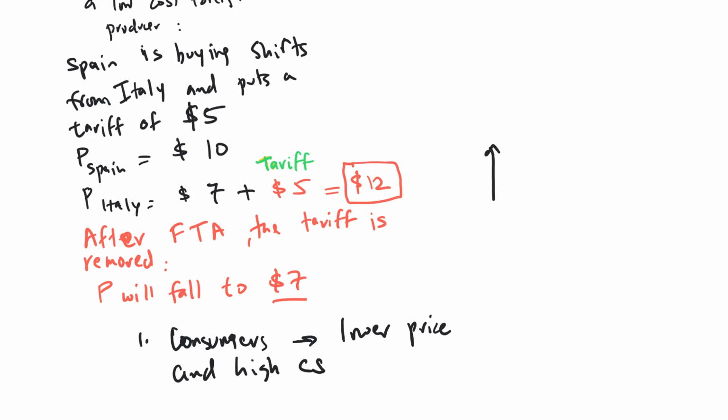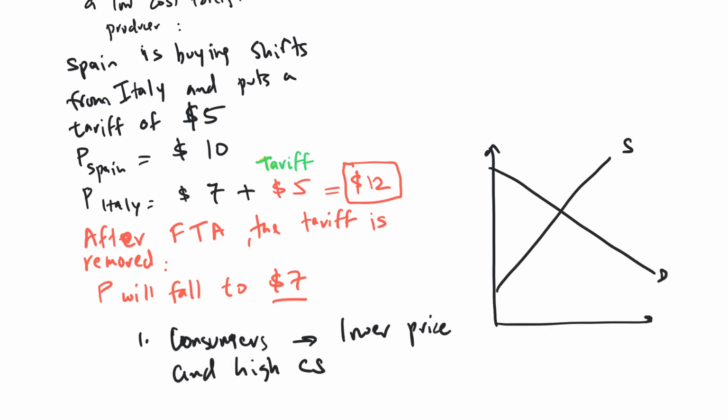So if I make a diagram like this one, guys, look at this. When you remove tariff, let's say this is demand supply. Let's say before tariff your price was like $12. Price after is like 12 minus 5, which is $7.